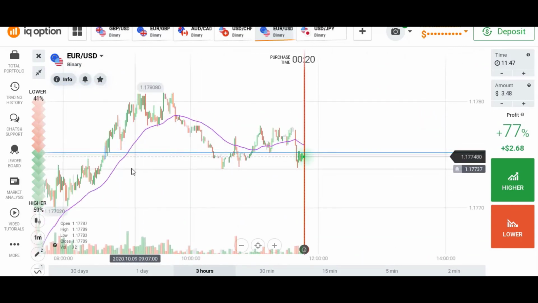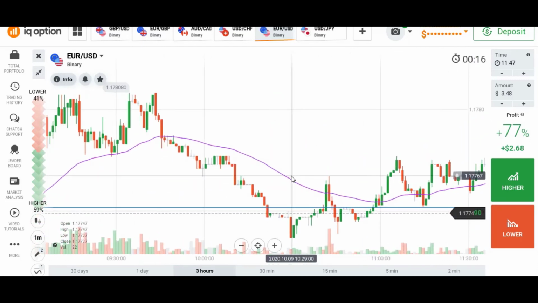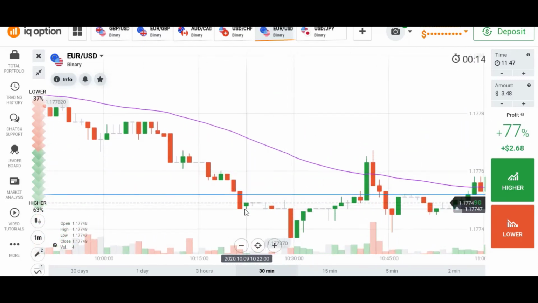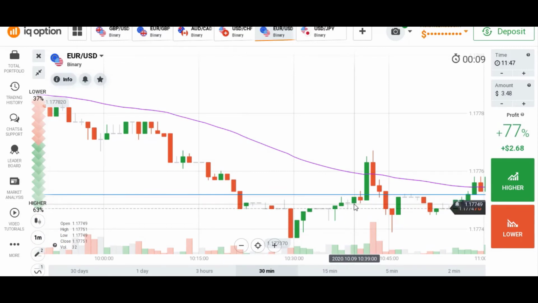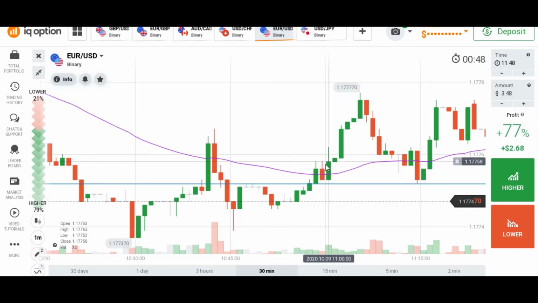So I am showing here in this place. Yes, this broke the level, and the next candle goes up. It comes near this level, the next candle goes down, broke the level, and the next candle goes down. Yes, these are three doji candles. After the three doji candles, the market goes down, strongly breaks the level, and the next candle goes down.